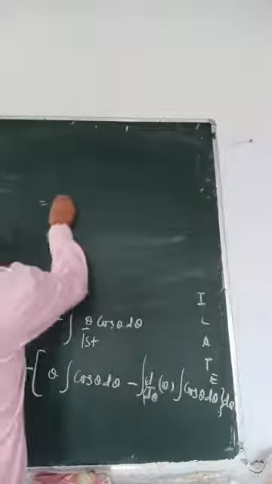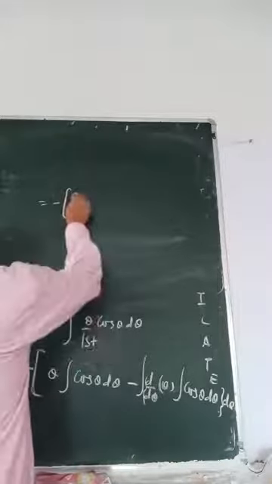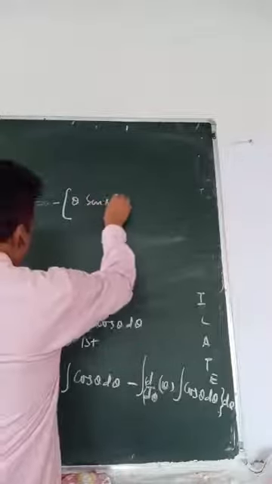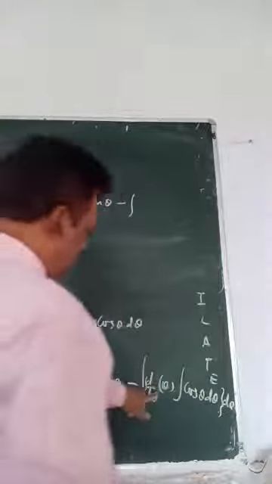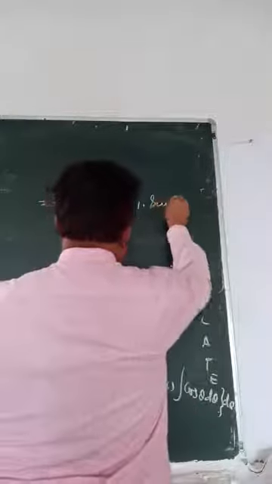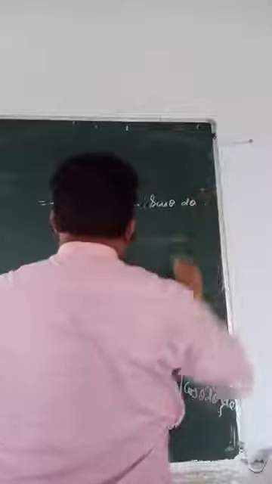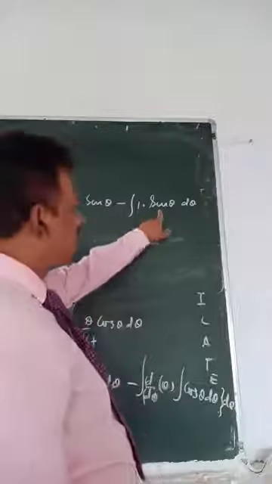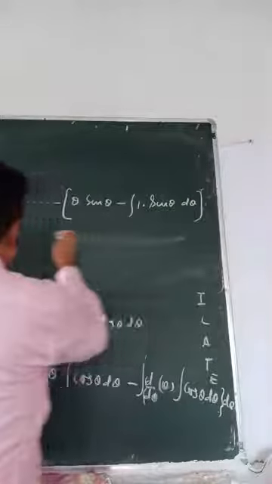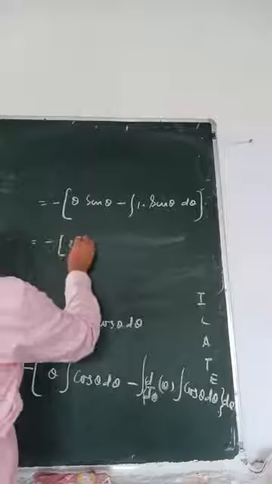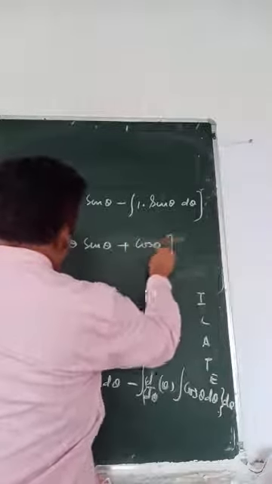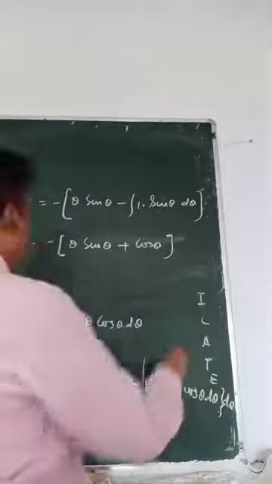It is minus theta will remain, cos theta integral is sin theta, minus theta's derivative is one, cos theta integral is sin theta d theta. Okay, sin theta integration is minus cos theta, so minus minus will be plus. So minus theta sin theta plus cos theta, plus a constant.